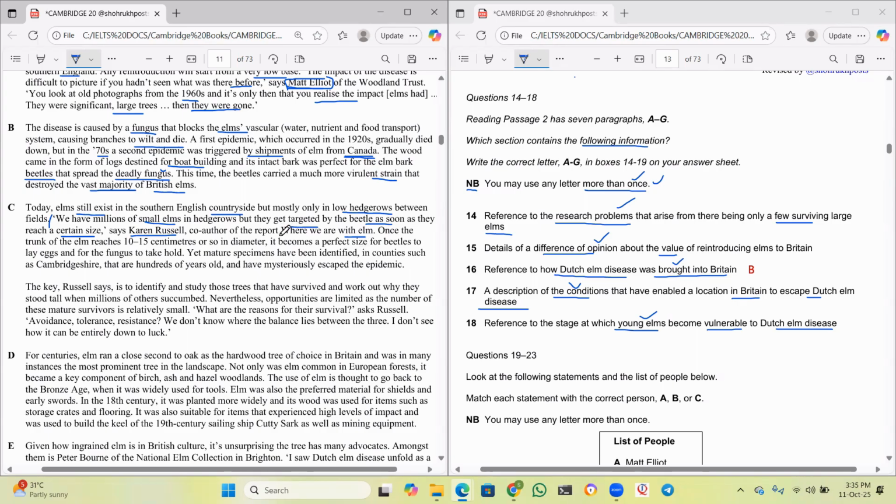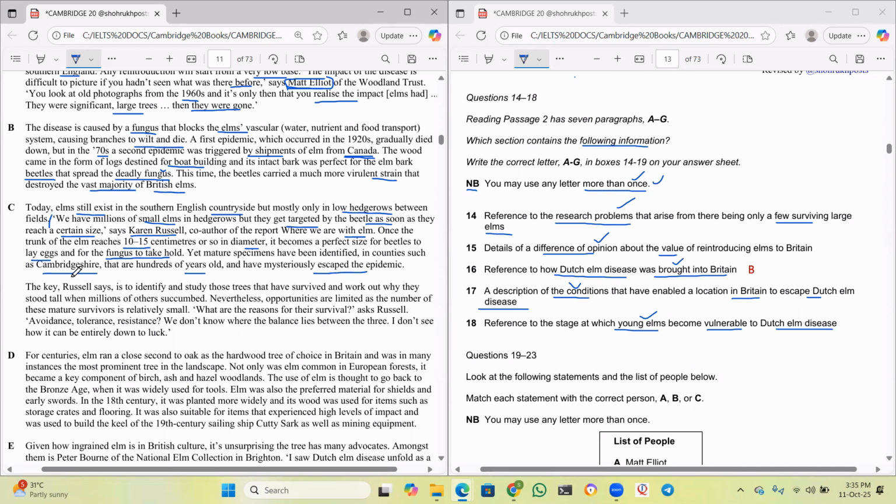So this is the name of the report. Once the trunk of the elm reaches 10 to 15 centimeters or so in diameter, it becomes a perfect size for beetles to lay eggs and for the fungus to take hold. Yet mature specimens have been identified in counties such as Cambridgeshire that are hundreds of years old and have mysteriously escaped the epidemic.